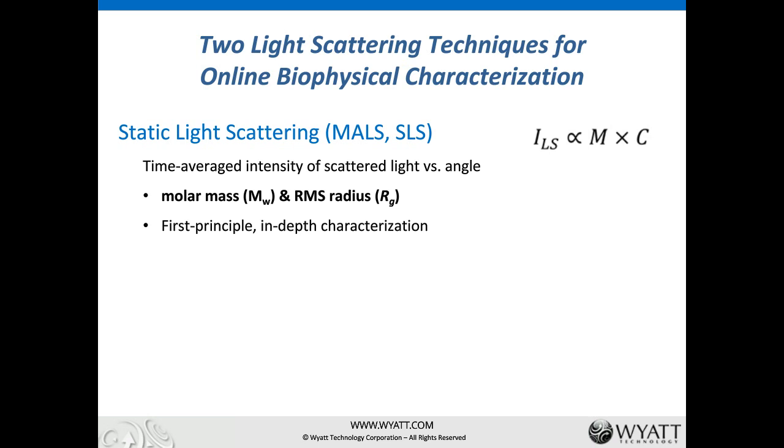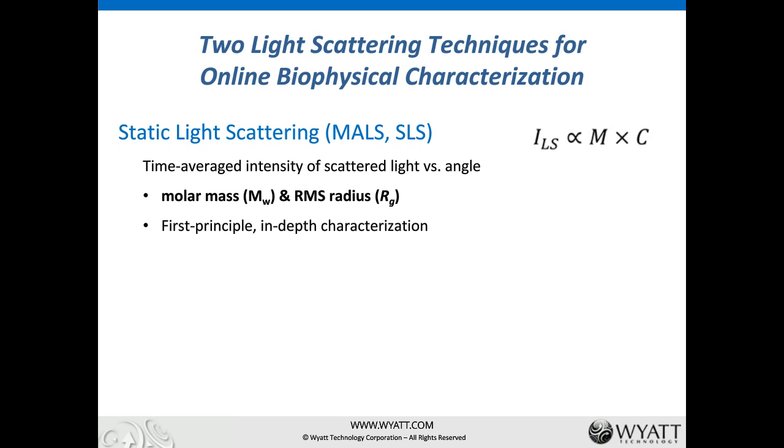And in that time scale, the scattered intensity is a constant, proportional to the product of molecular weight and concentration, based on first principle without making assumptions on the shape or elution properties. It can also potentially measure the radius when the radius is greater than 10 nanometer. But most proteins would have a radius less than 10 nanometer.